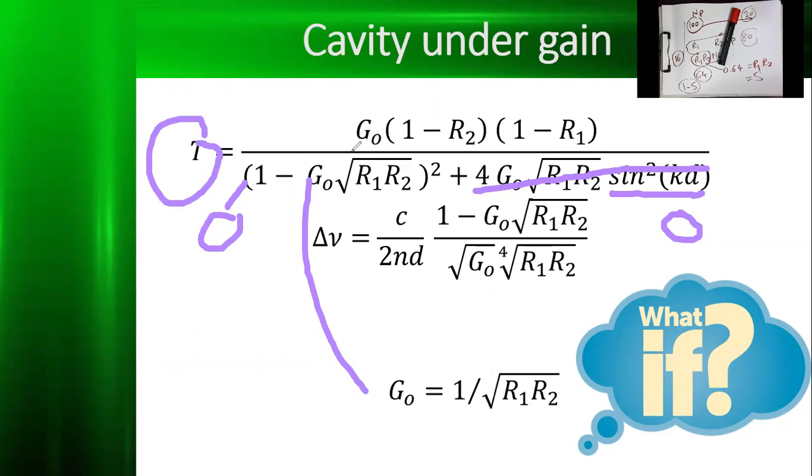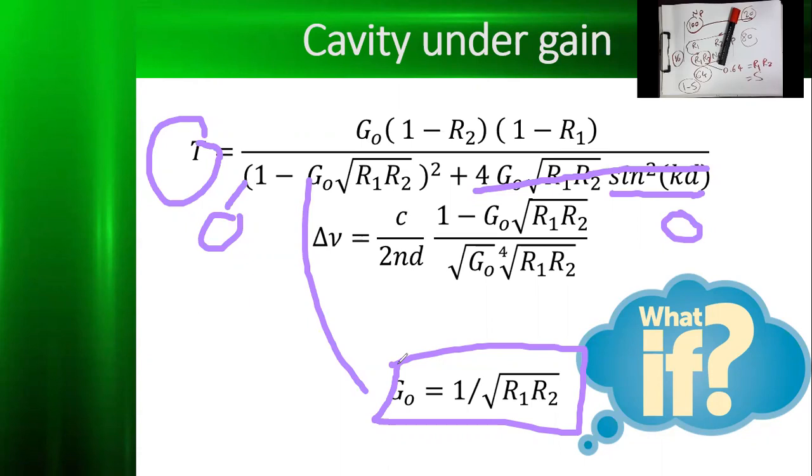So by inserting this gaining medium and satisfying this condition, you can reach more than one transmission, because based on the passive system, the passive optical cavity we did, we concluded that the maximum transmission equals 1, which is logical. The maximum transmission equals 1.